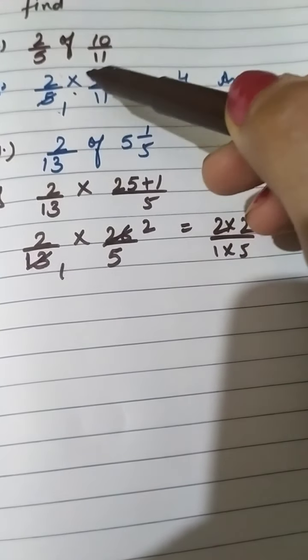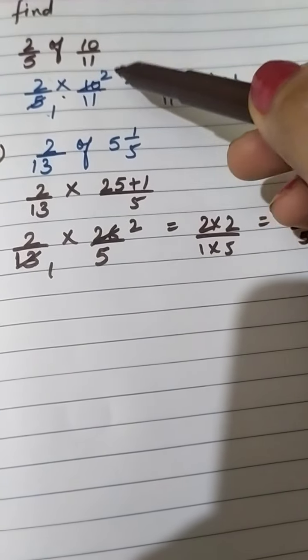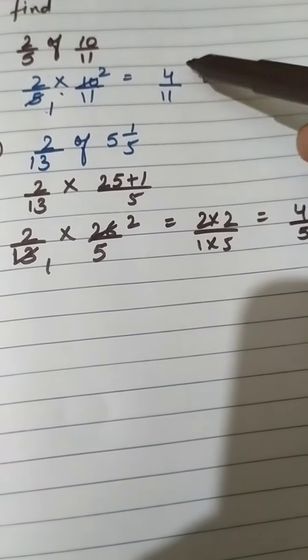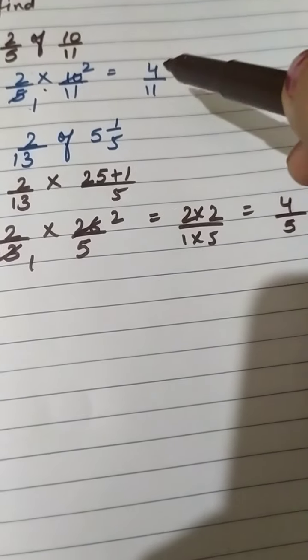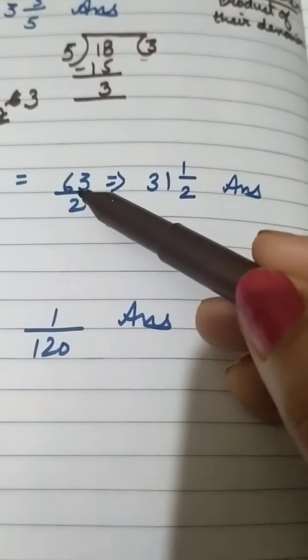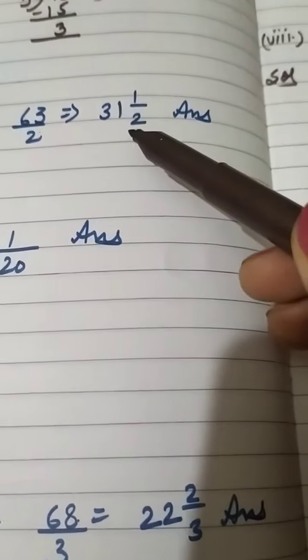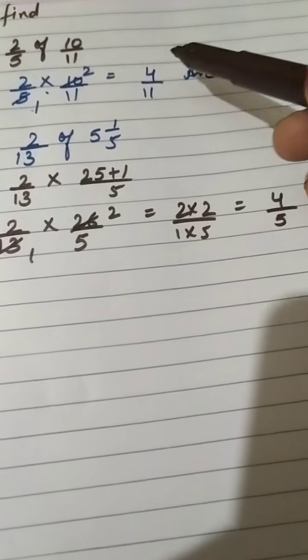So 5 1s are 5, 5 2s are 10. Then we got 2 2s are 4 and 11 1s are 11. This is a proper fraction, so don't convert this fraction into mixed. We only have to convert improper fractions. Improper fractions will be converted into mixed fractions, not proper fractions.